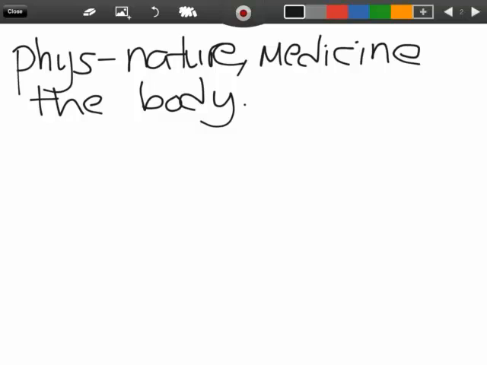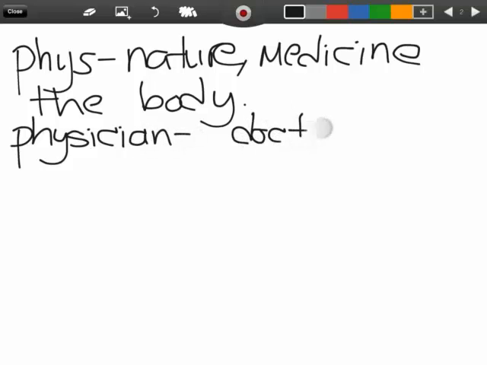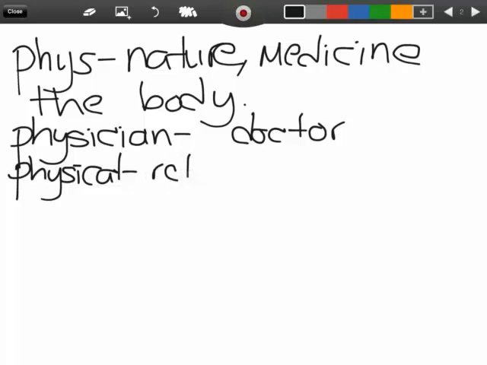One of them is physician, meaning doctor. And my second word is physical, and the meaning of that is relating to the body.